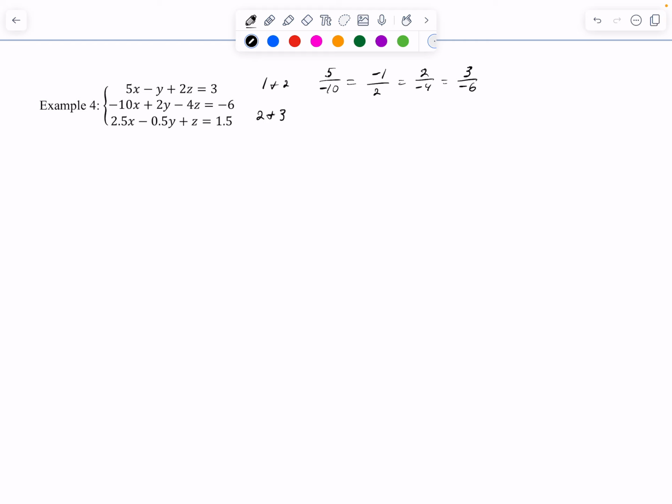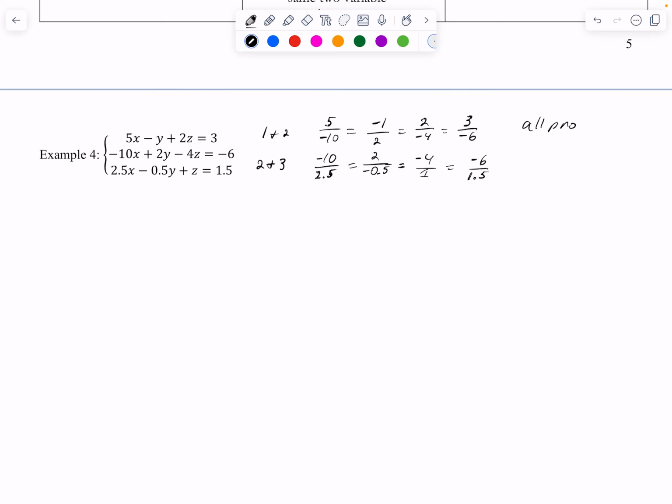So I have negative 10 over 2.5, 2 over negative 0.5, negative 4 over 1, and then negative 6 over 1.5. And those all reduce as well to the same value of negative 4. So these are all equal as well, so all proportional. And so because that happens, these are actually going to be on the same plane. So each of these, when you get that all proportional, are going to be the same plane.